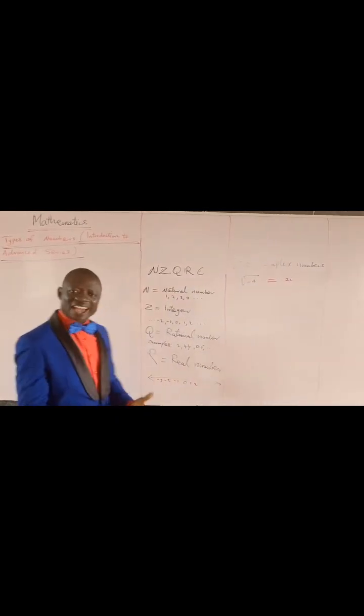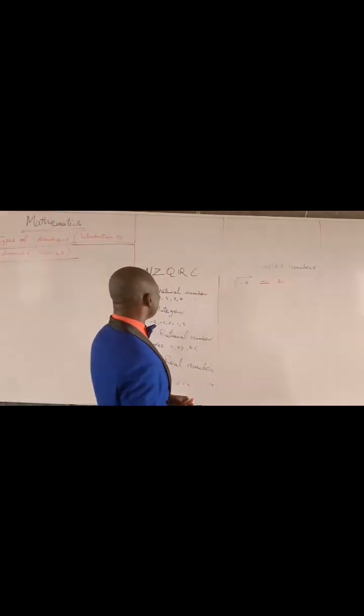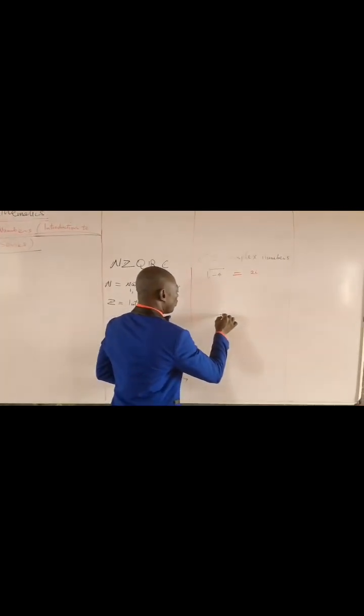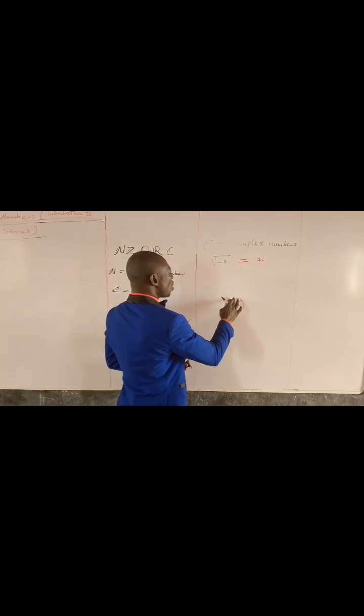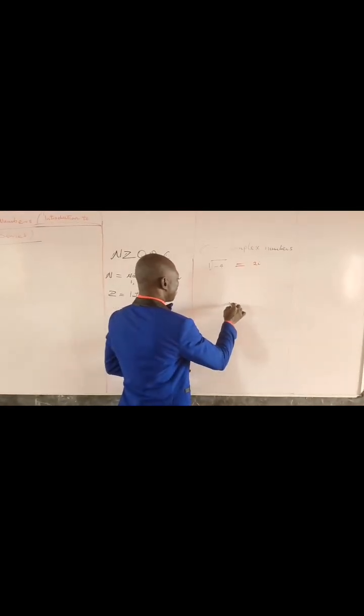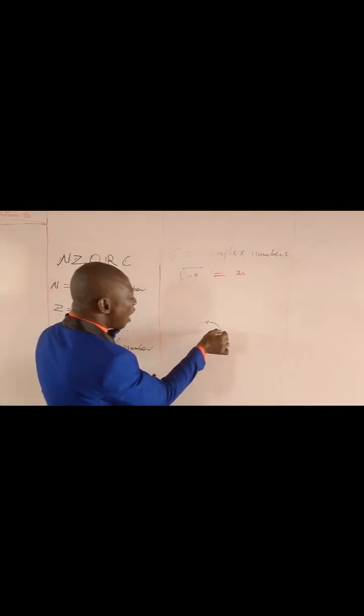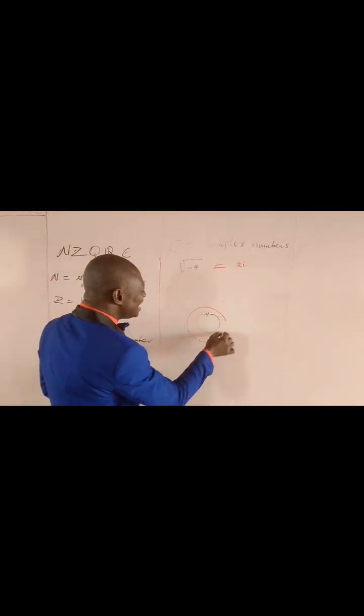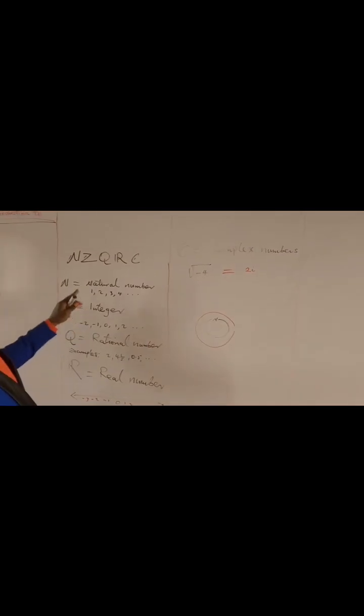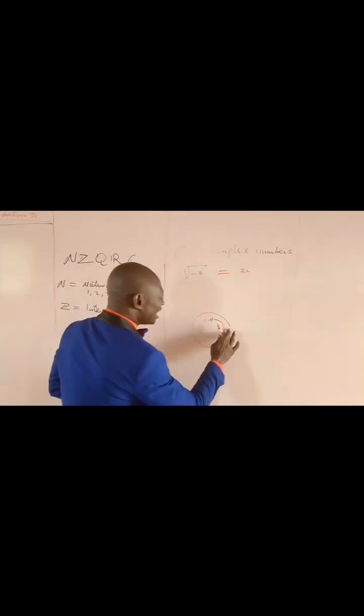If we use a diagram to illustrate this, it simply means that if this is the domain of natural number N, then the domain is found inside this integer set.